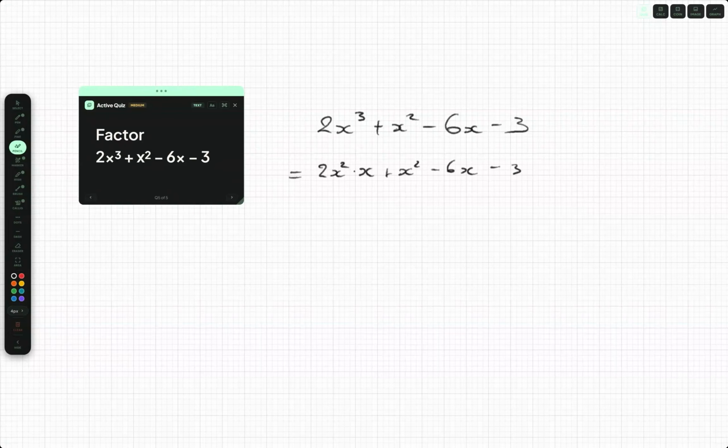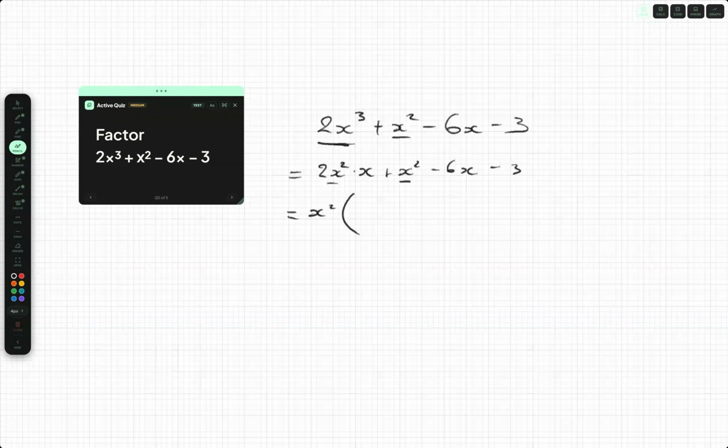And the reason we do this is to point out that both of these are factors of x squared. So the common factor between these two terms here is going to be x squared. That'll be our highest common factor. Now, pulling out the x squared, 2x cubed divided by x squared is just going to be 2x, and then x squared divided by x squared is 1.